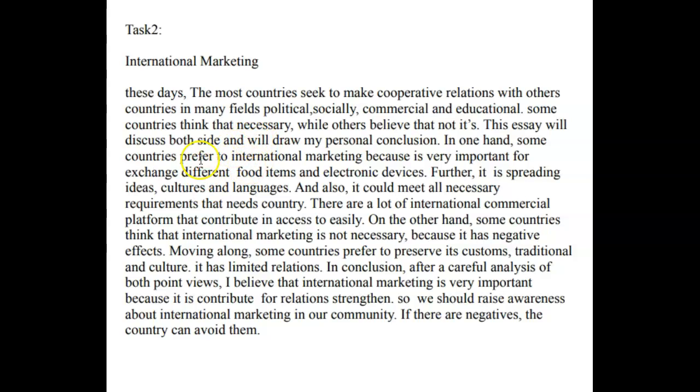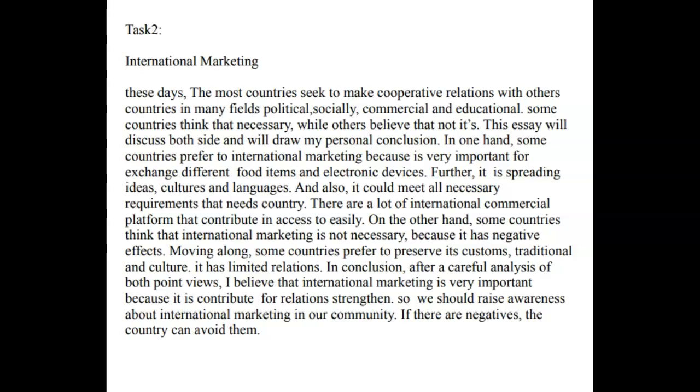Now, the second thing that you need to know is that you need to have good paragraphing in task 2. So you need to have a very clear introduction, body paragraphs, and a conclusion. And the way we do that is by leaving an entire line between each of your paragraphs. So here there's 0 paragraphs, so I can tell you right away, this could not possibly get anything above a 5 for coherence and cohesion. Okay, so keep that in mind.